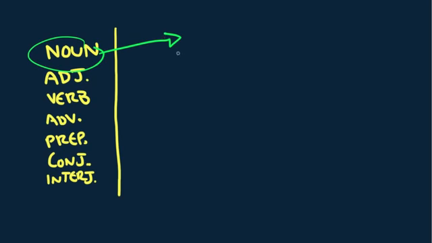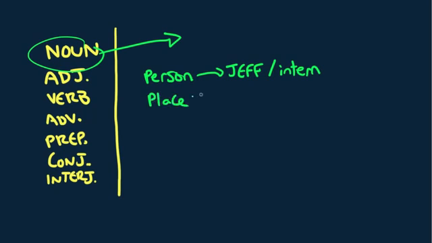A noun is basically a person, like Jeff, or an intern. Intern is a person. Or we can have places. Let's see. A hotel is a place.